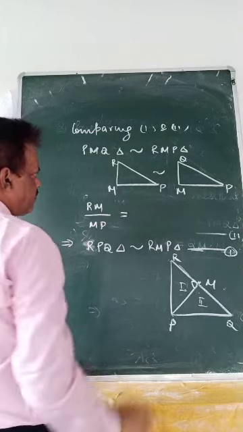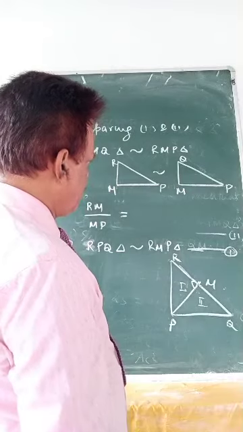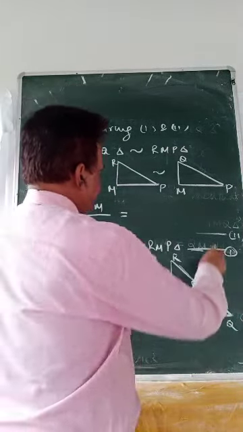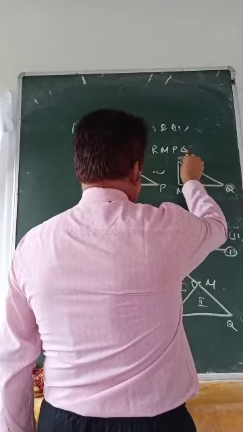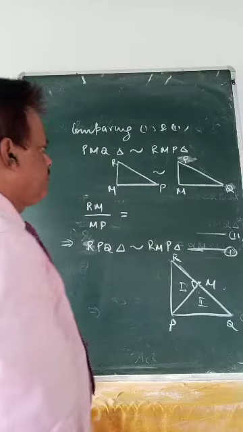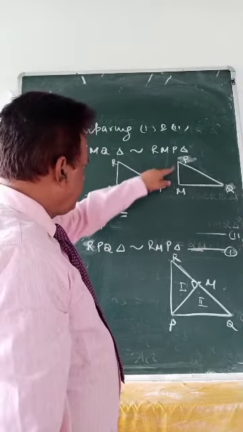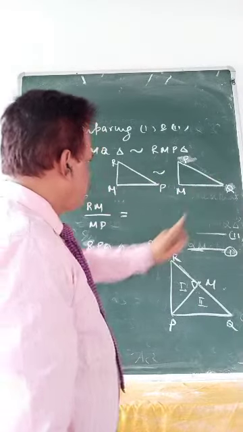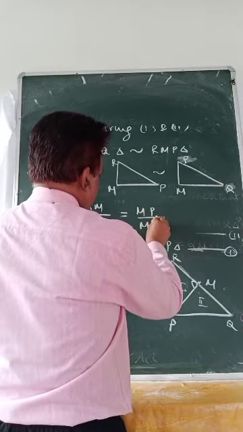RM by MP, Q is there. This is Q. RM by MP equals MP by MQ.